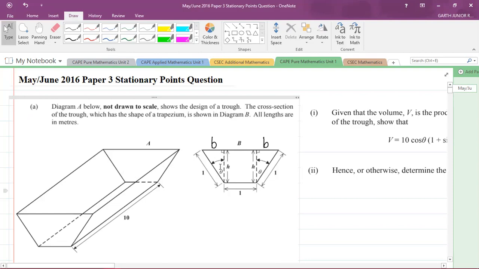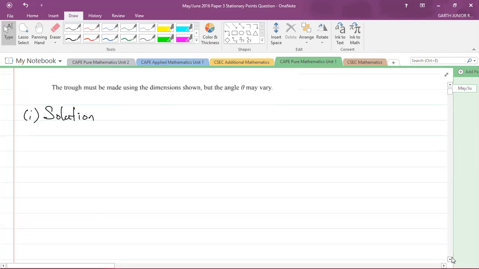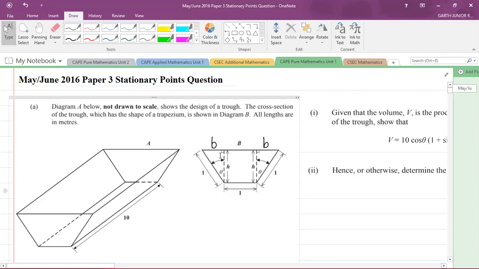So I can say that cos theta is equal to the adjacent side divided by the hypotenuse. What is the adjacent side?